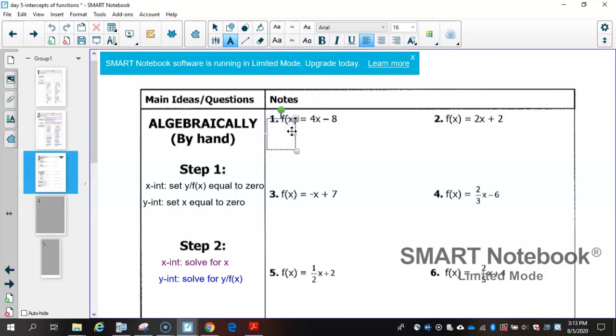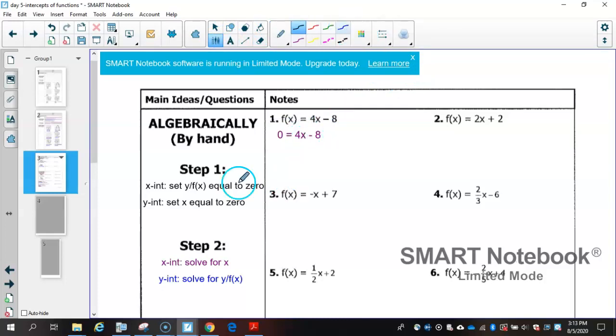So if I'm changing f of x to be 0, that means this is just 0. I'm not saying f of 0 because that would mean x is 0, and I just want f of x to be 0. Once I do that, I can go ahead and solve this for x. So that's step 2.